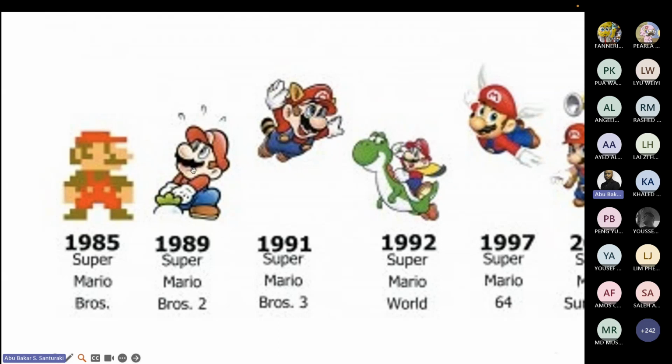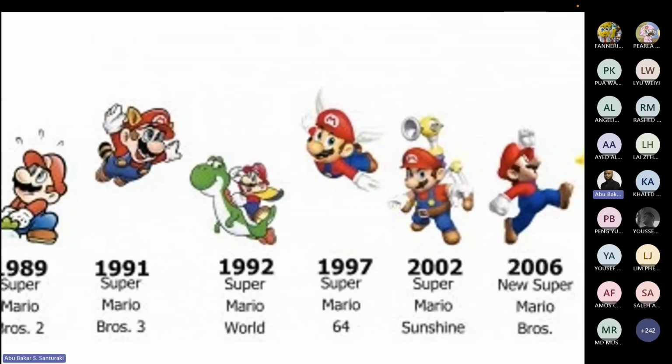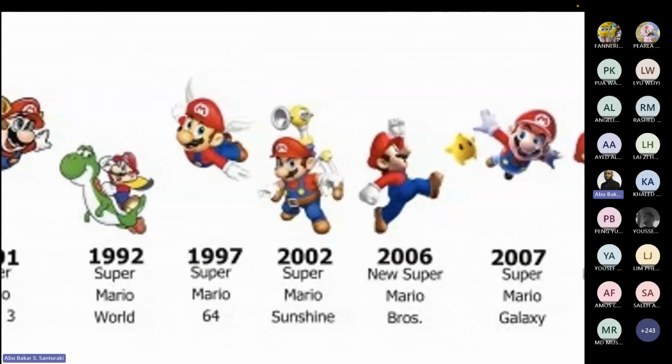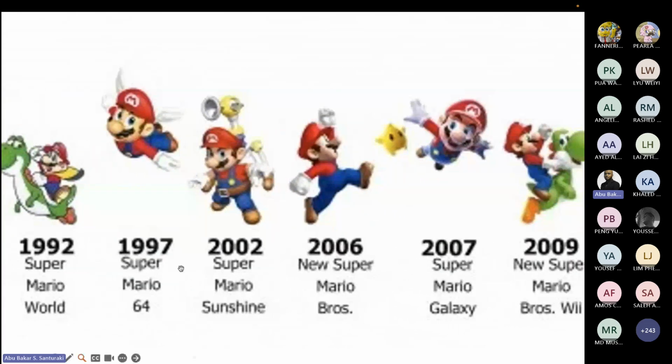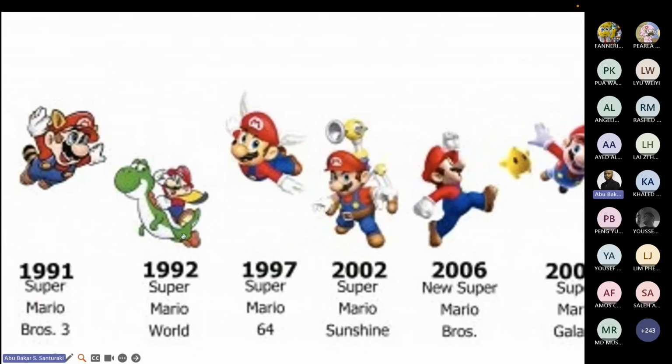You can see there were some improvements, but still the image is very flat. When we get to 1992, we move from an 8-bit system to a 16-bit system, so it has double the bit count. From the 16-bit system, we moved on to Nintendo 64 in 1997, which was a 64-bit system. And you can see now the render is in 3D. It has more detail and more depth.